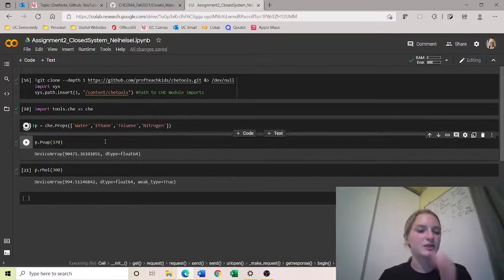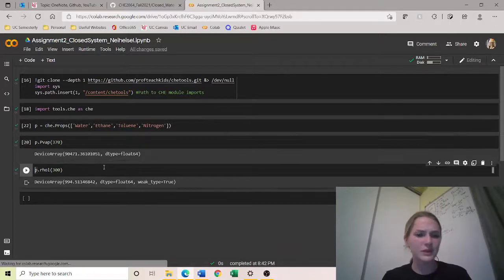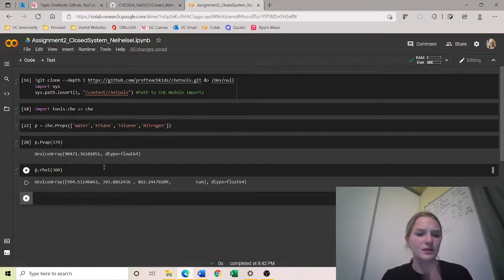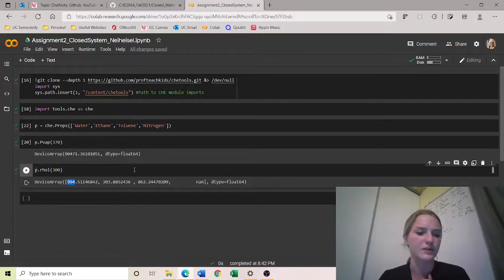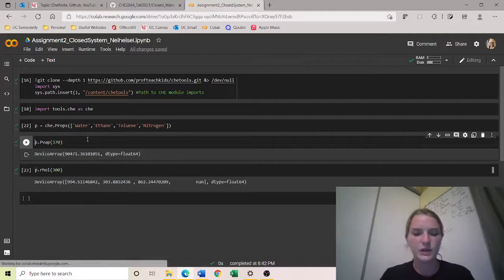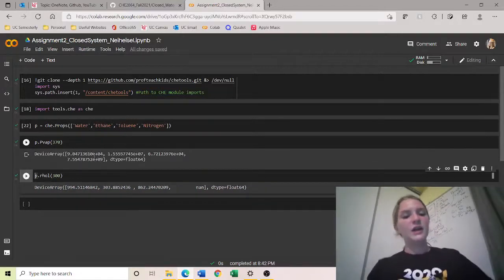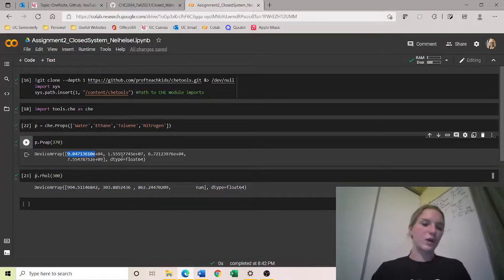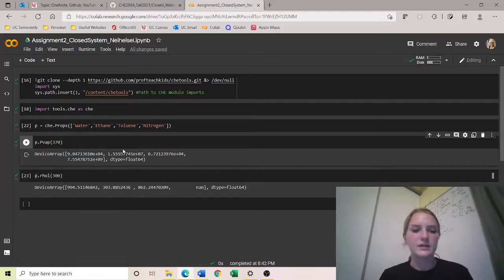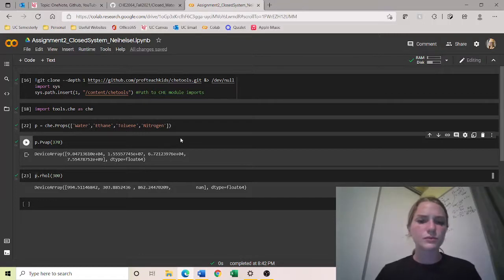So if we do that and we hit Shift Enter, and we come down here, this will give us the densities of our compounds now. So this is water, then we have ethane, then toluene, and even if we go back up here and hit Shift Enter again, it'll give us all of these. So the first one's water, second one's ethane, third one is toluene, and the fourth one is nitrogen.